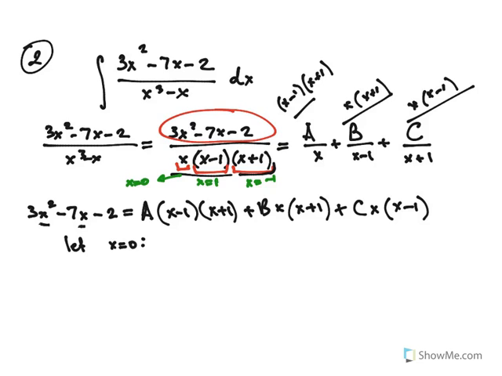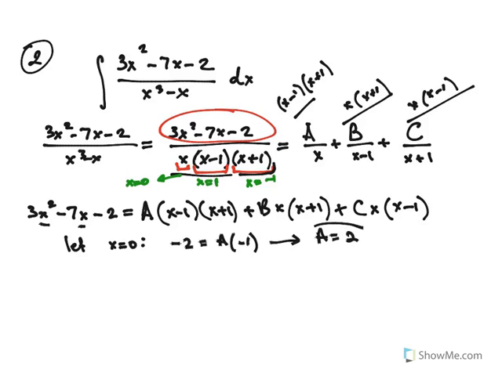That would be 0 times 3 minus 7 times 0 minus 2, so it's just negative 2A. Now 0 minus 1, negative 1, 0 plus 1 is 1, so it's negative 1. And when you plug in 0, that disappears.